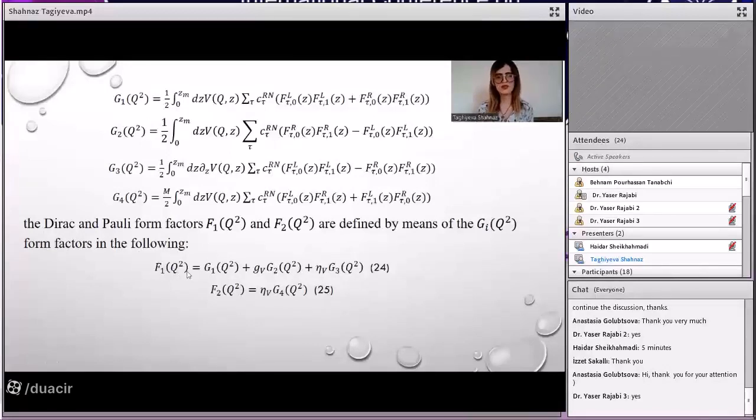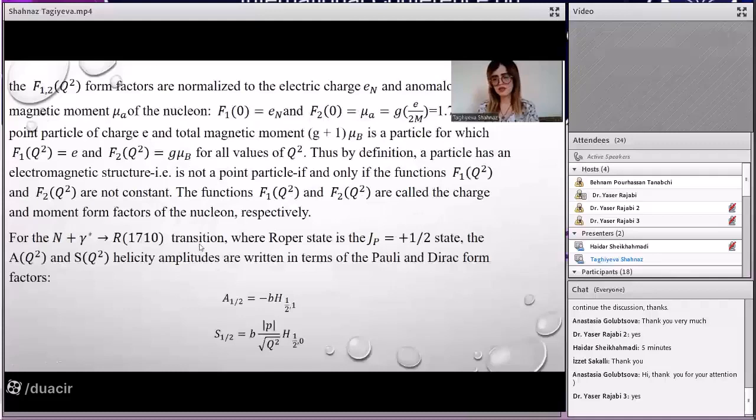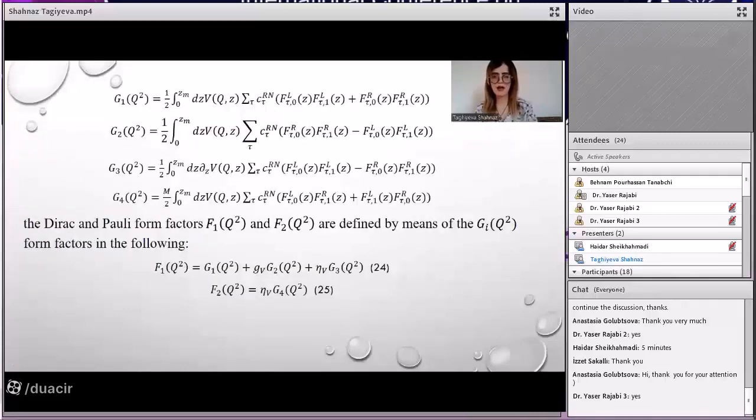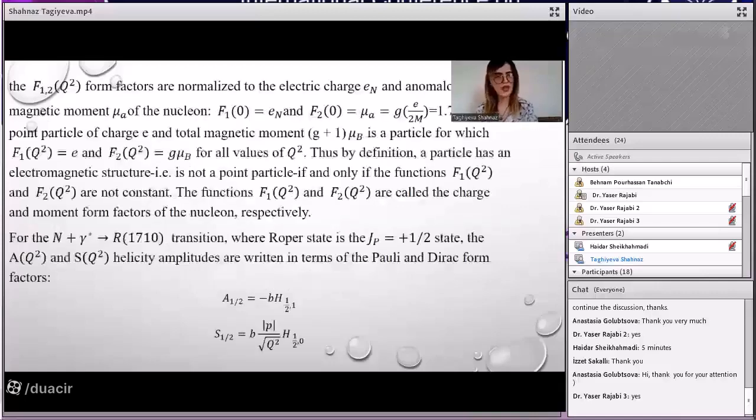and we found two sums that give us F1(Q^2), the Dirac form factor. These give us all the form factors, and these form factors are normalized to the electric charge and anomalous magnetic moment of the nucleon.